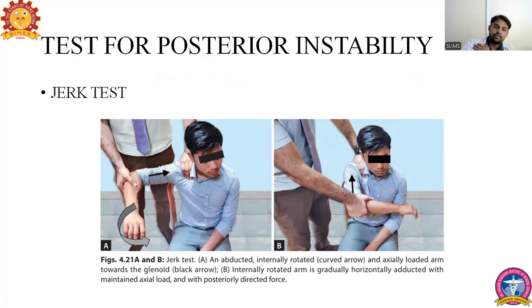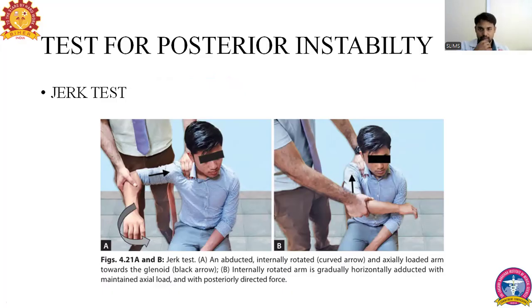If the patient produces pain at the shoulder joint, the Hawkins Kennedy is positive. This indicates impingement. Impingement can have various causes like rotator cuff tear, impingement of the rotator cuff, subacromial bursitis, subdeltoid bursitis, and various conditions.